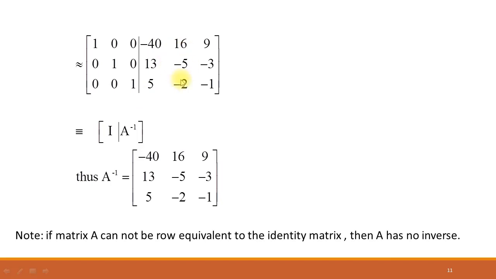So this is the inverse of the matrix A. The inverse of the matrix A is minus 40 16 9, 13 minus 5 minus 3, 5 minus 2 minus 1.